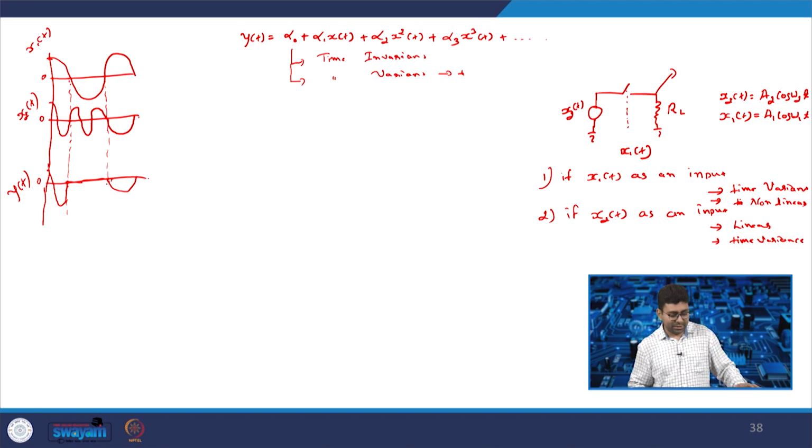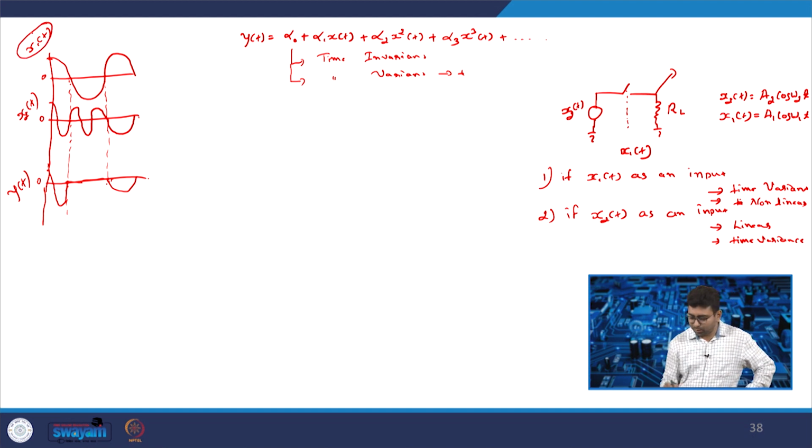It is not to scale, but to give the understanding that if you consider x1(t) as the input, then it is not at all a linear output. This is non-linear because it is not following the equation that we have seen in the last slide.